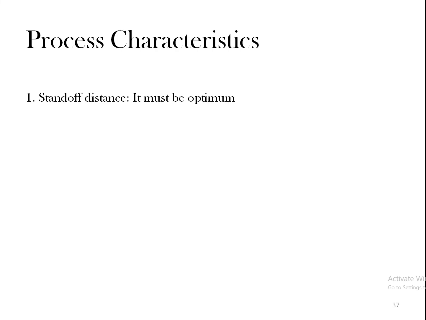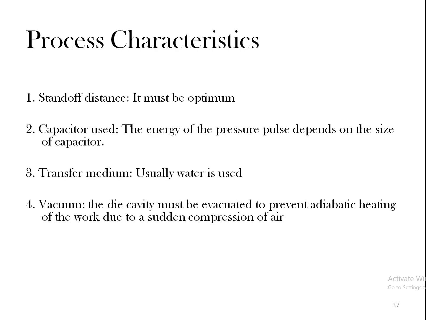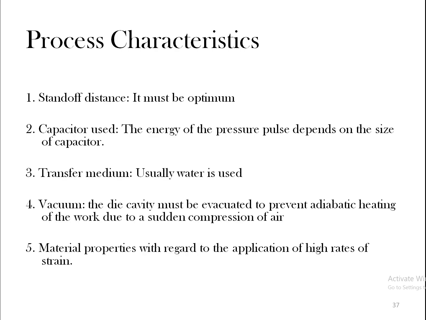Similarly, it also has process characteristics. One is the standoff distance; it must be optimum. Then the capacitor used, the energy must be optimum. And the transfer medium, usually water is used. Vacuum must be proper, and material properties with regard to the application of high rates of strain.